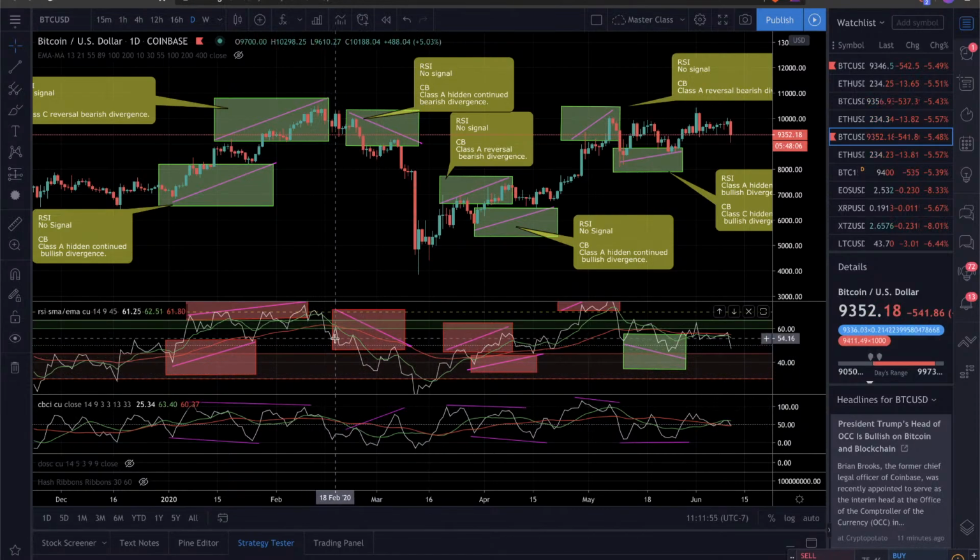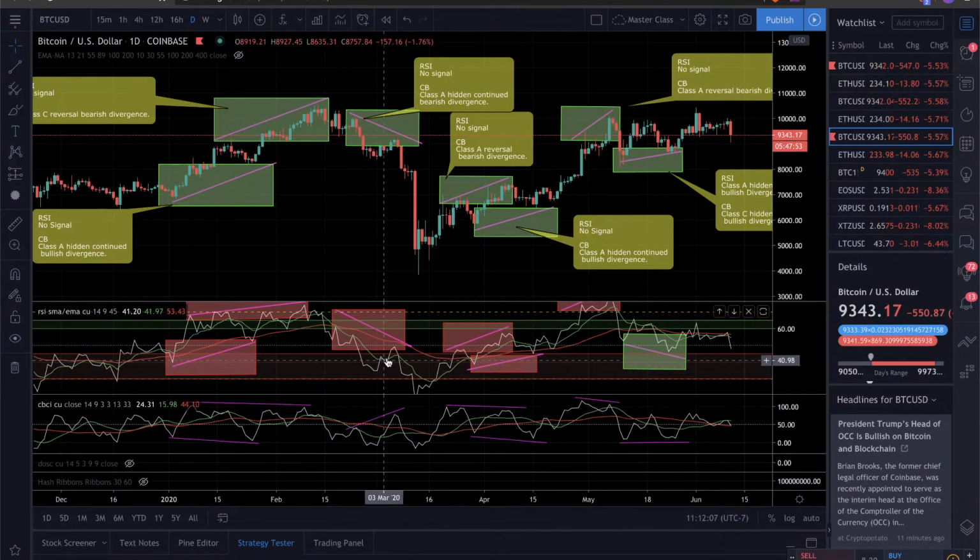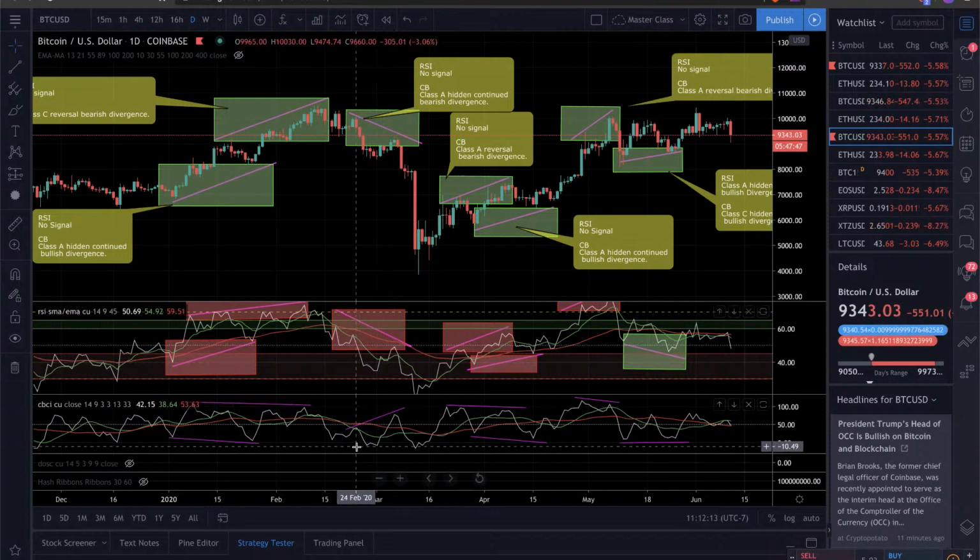Same thing, right here we had a move up on the RSI, bounced off of these EMAs, continued to the downside, tested it again, got rejected, and then had a stronger move, but also rejected right here on the RSI, on the slow EMA, creating a better divergence signal on the CB index.